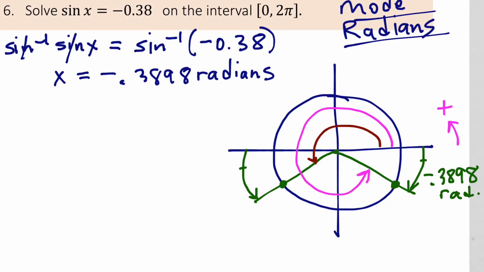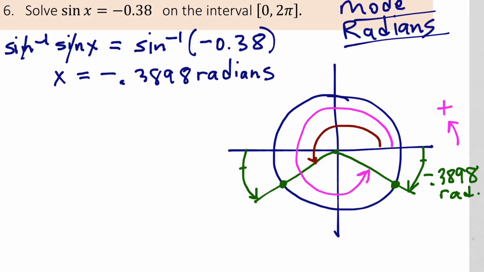Let's find the red one first. If I'm going from 0 to this line over here, that's pi radians, and then I add on that 0.3898 amount to pi.